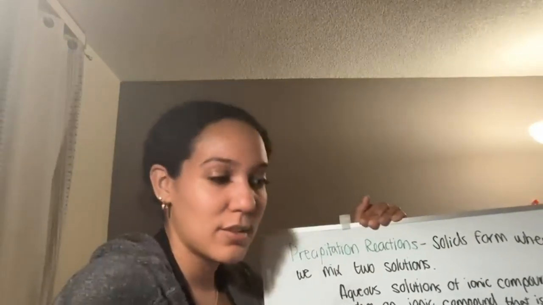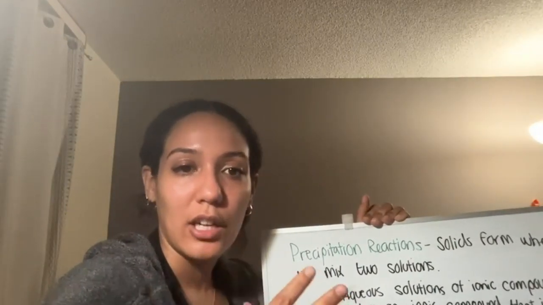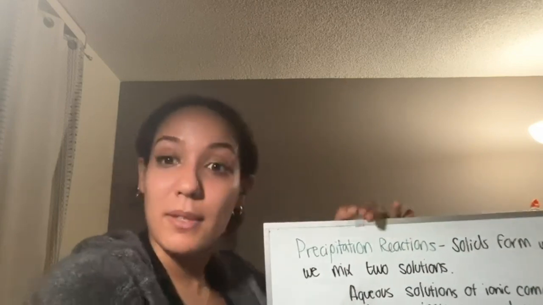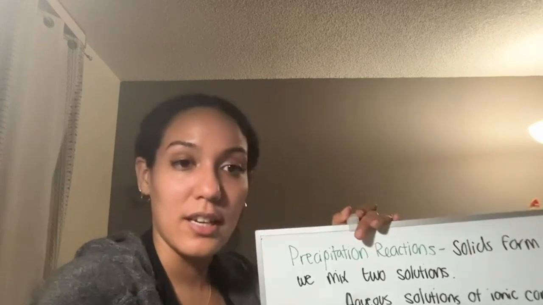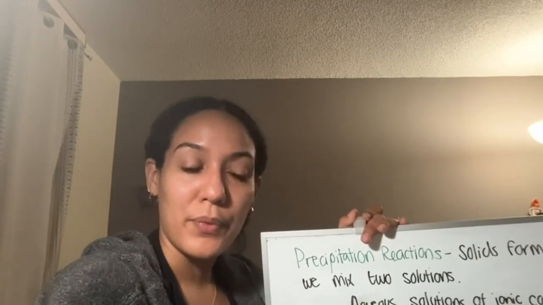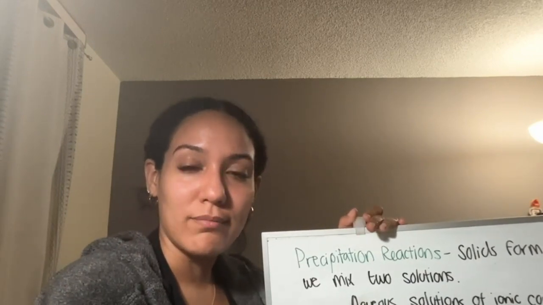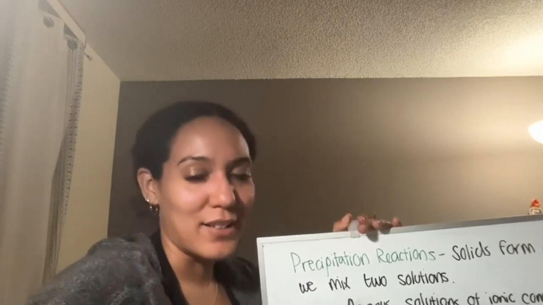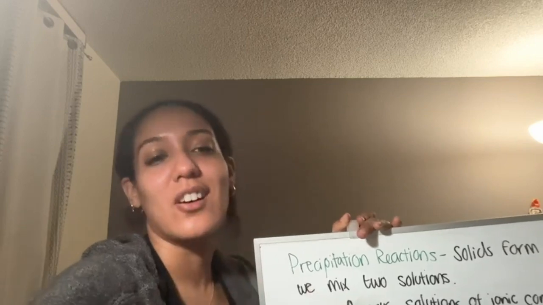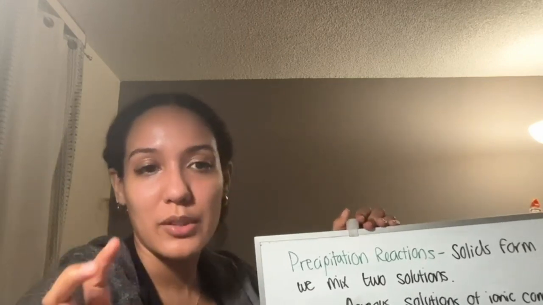Precipitation is when you create a solid. Actually, maybe this is a topic that is difficult for me because I'm still trying to understand how to predict it. I haven't worked on how to figure it out, but I am going to list off the rules here.